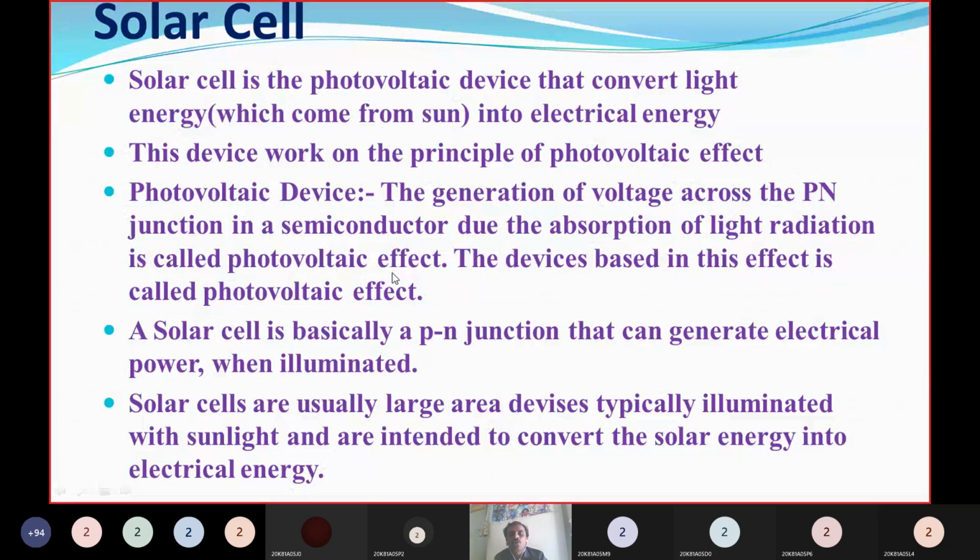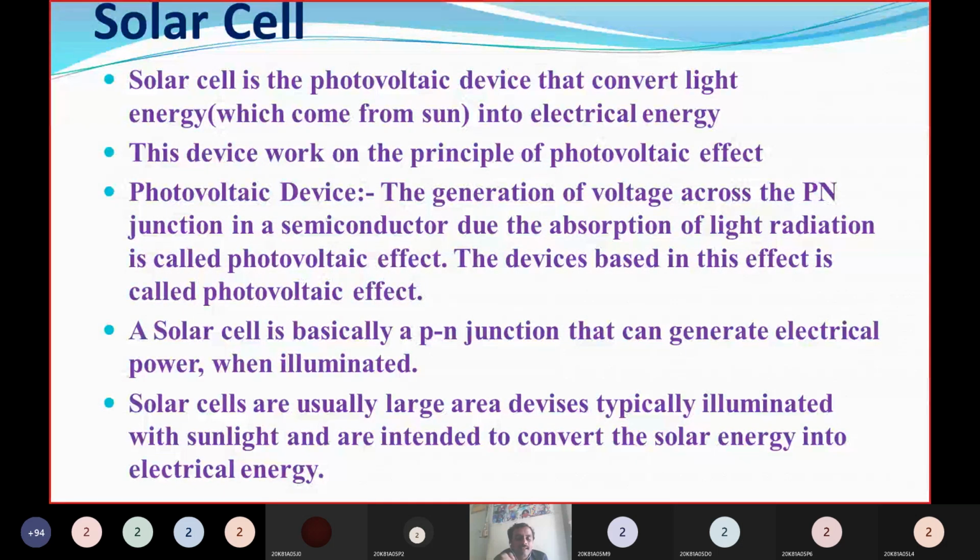Here the photovoltaic effect means, whenever light is incident on the PN junction diode, it absorbs the light energy and that light energy is converted into voltage.